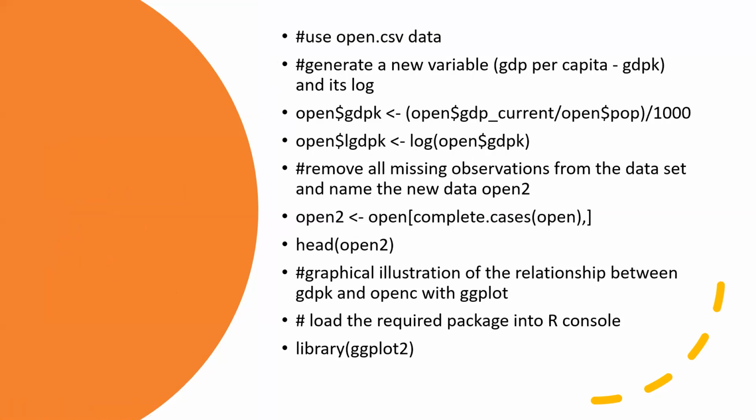But if you don't want to make use of Penn World Table, you can actually get your own information. For instance, you can get the GDP for your country over the years, which is very simple.